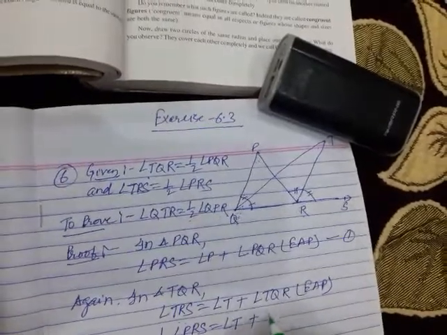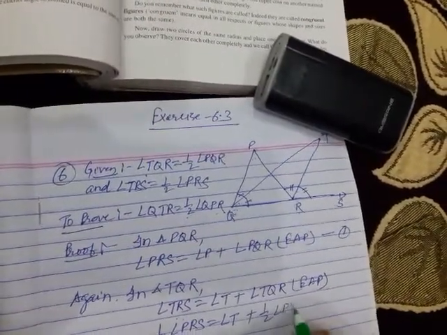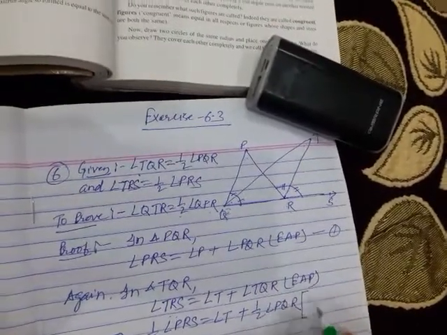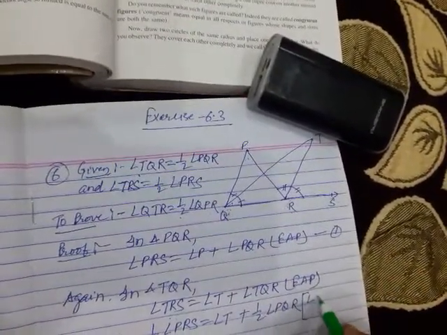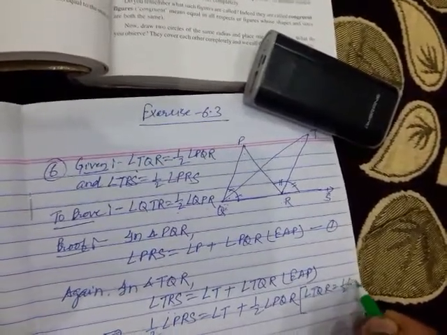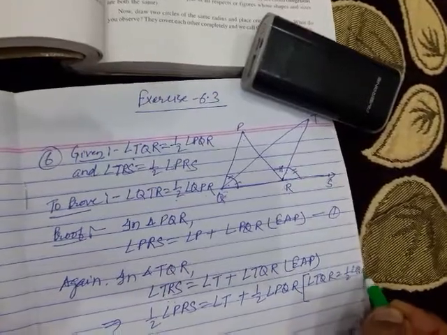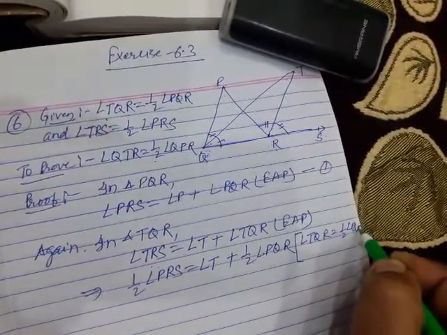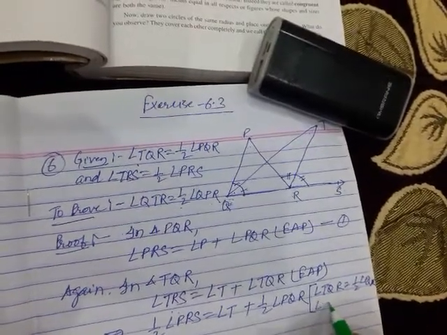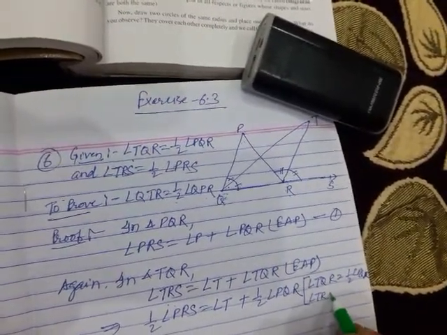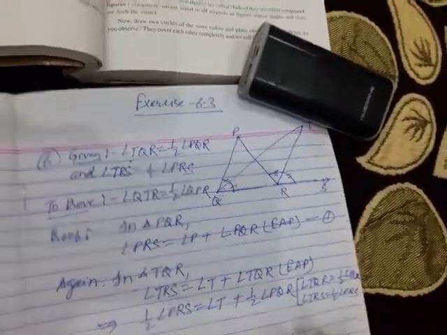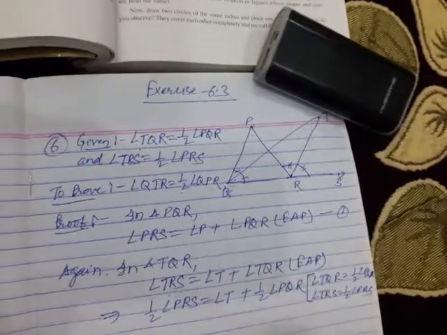Angle TQR equals half of angle PQR, and angle TRS equals half of angle PRS. That is given in the question itself.